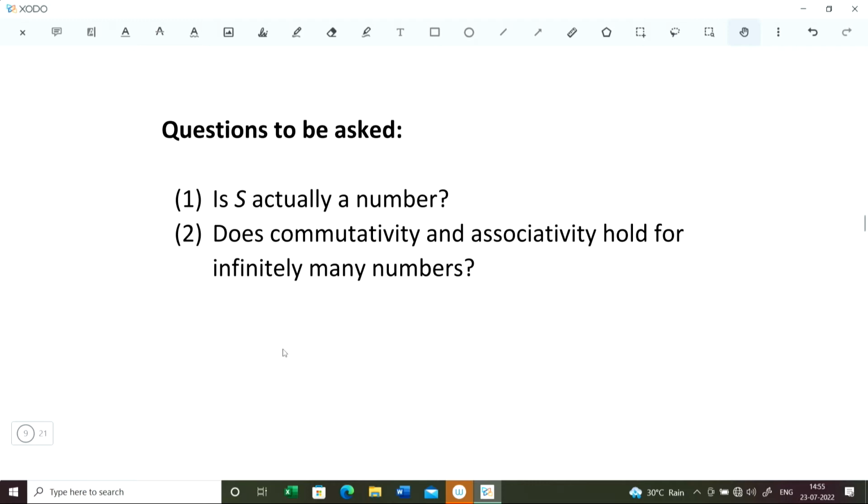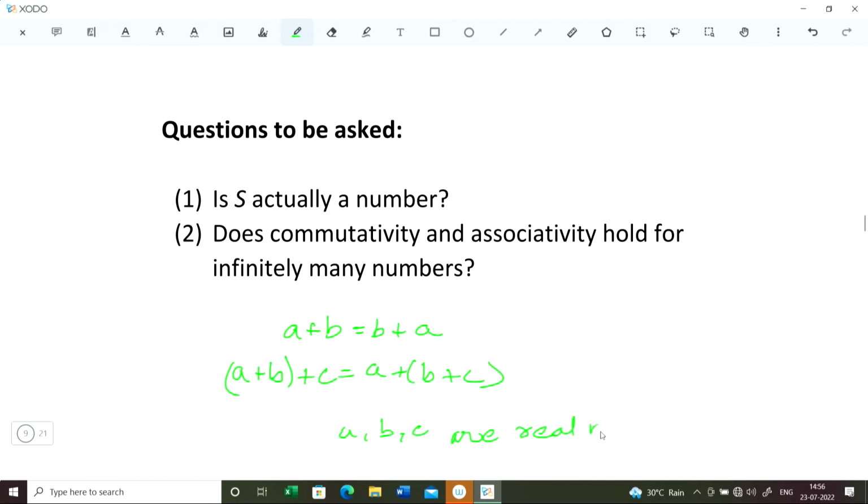Just to make sure, the commutative law is this, where A and B are real numbers, while the associative law is this, where A, B, C are real numbers.